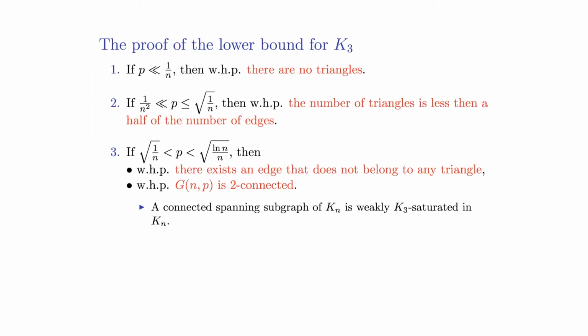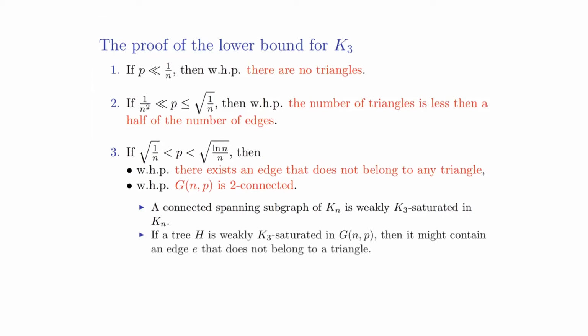As we noticed, a connected spanning subgraph of the complete graph is weakly K3-saturated in Kn. And if a tree is weakly K3-saturated in G(n,p), then it might contain an edge that doesn't belong to a triangle.